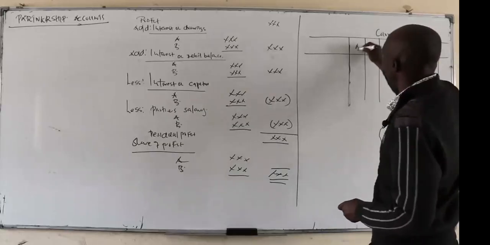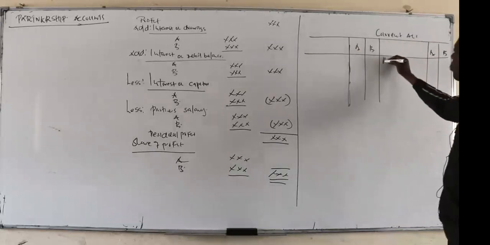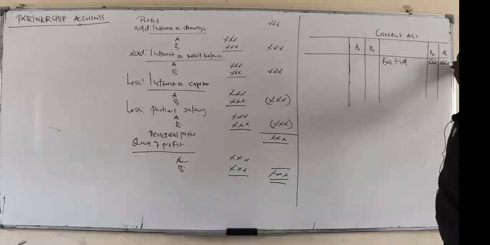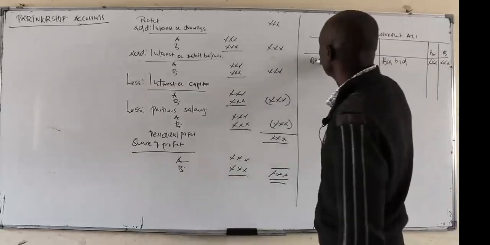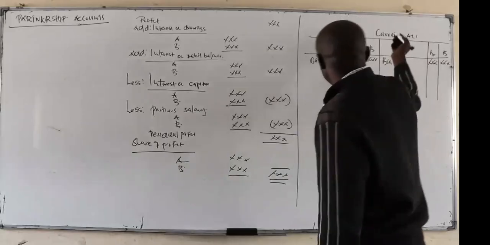So you have partner A, partner B. You start with the balance brought down in case it is there. You can also have balance brought down here in case it is there. It can be either debit or credit.